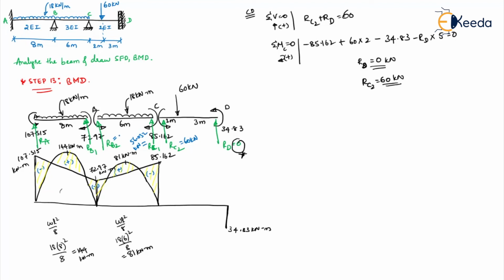RB2 is how much? Is 51.968 kilonewton. RB1 67.67 kilonewton, and your RA 76.32 kilonewton. Now we'll draw the shear force diagram first.